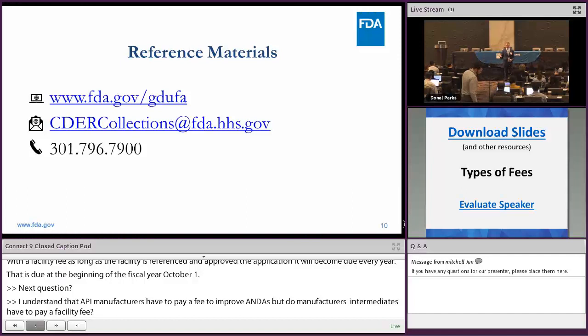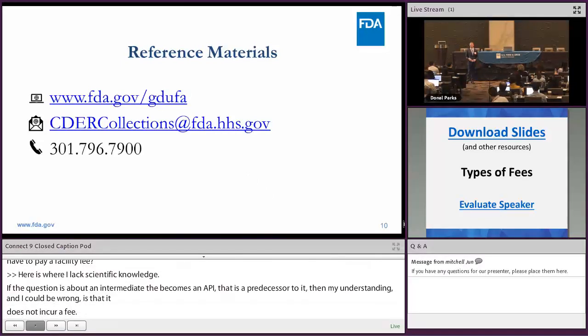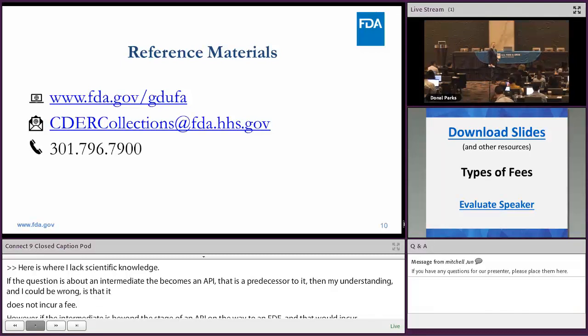If the question is about an intermediate that becomes an API, that is something predecessor to the API, then my understanding, and I could be wrong again, is that that doesn't incur a fee. However, if the intermediate is beyond the stage of an API on the way to an FDF, then that would incur the FDF facility fee. And my staff are watching, so if I'm wrong, they're going to correct me when I get back, and I can issue a retraction. Got another one, Ray?